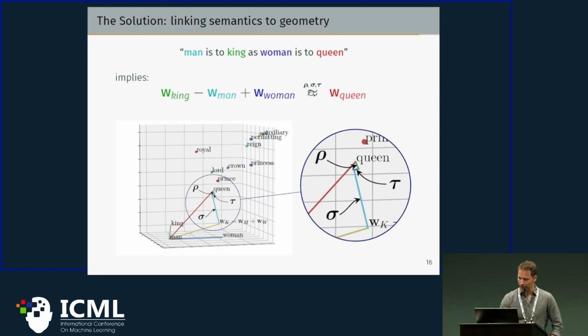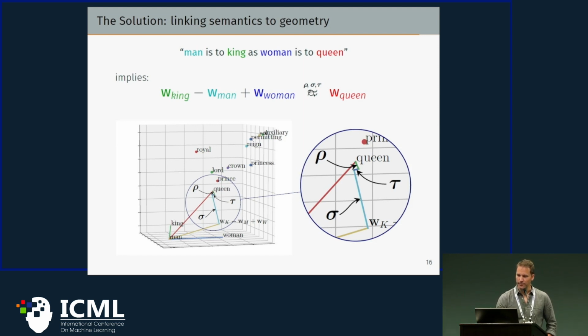Going back to the original picture, we can now explain this gap between this linear combination and the word embedding for queen as specifically these three error terms that we've seen before, these dependent error terms, and then this paraphrase error term.